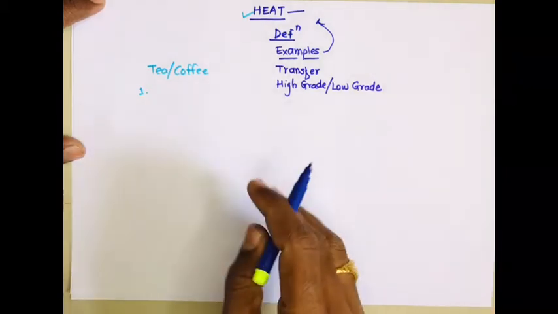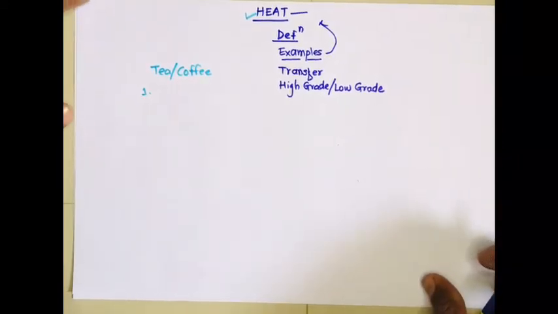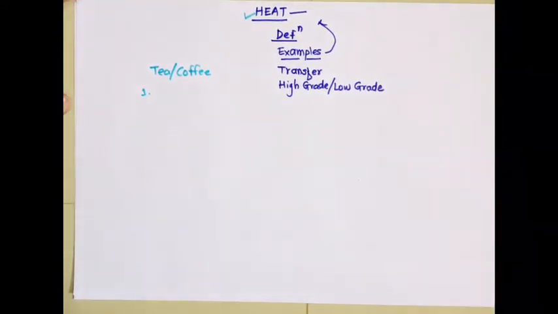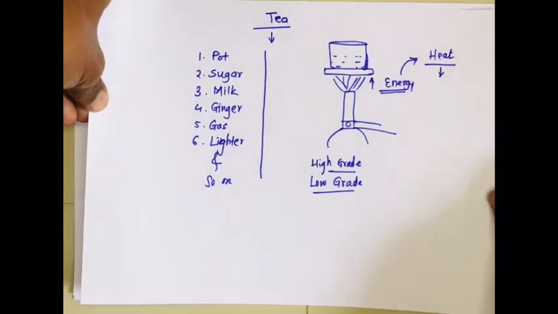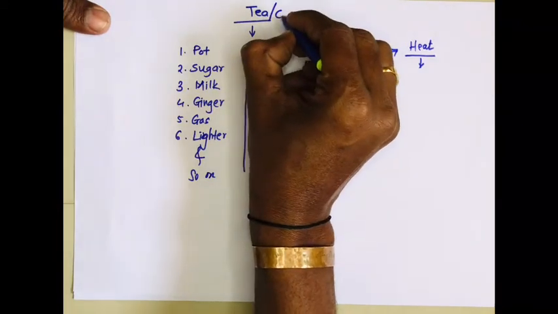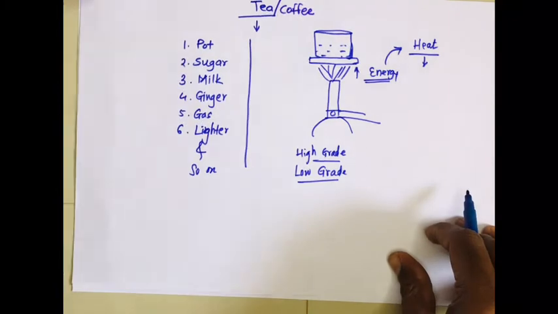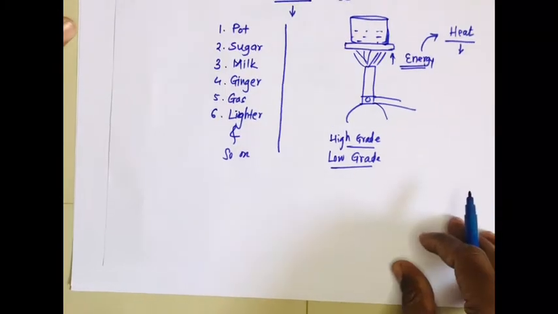Before understanding the definition of heat, let us take an example. Let us say that we have to prepare a cup of tea. Meanwhile, keep aside the definition of heat energy. Let us say we have to prepare a cup of tea or a cup of coffee. Then which ingredients are required?